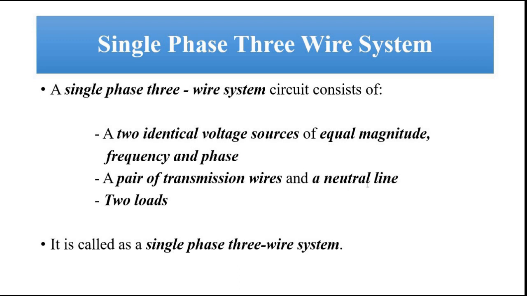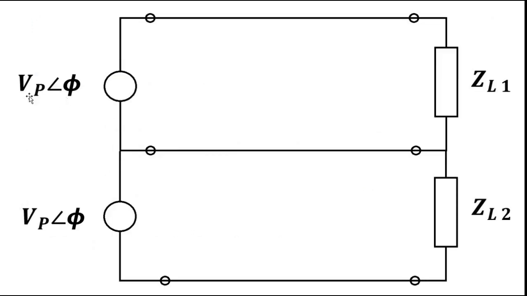Here the difference is the neutral line, everything else is the same, there is a neutral line which is there. So here we have two voltage sources of equal magnitude, frequency and phase angle. The phase angle is the same, but two voltage sources are used.